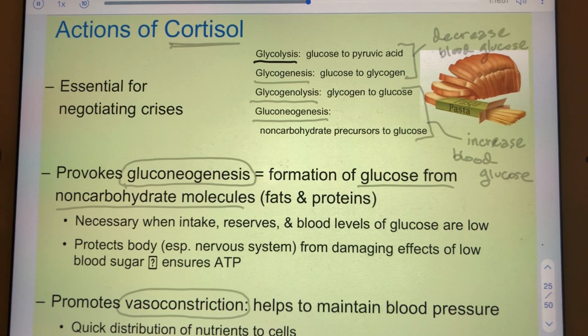Glycolysis is the process by which glucose is converted into pyruvic acid. For each glucose molecule, 2 pyruvic acid molecules. Pardon me. Burpee time. Glycolysis kind of gets the ball rolling for cellular respiration or aerobic respiration.